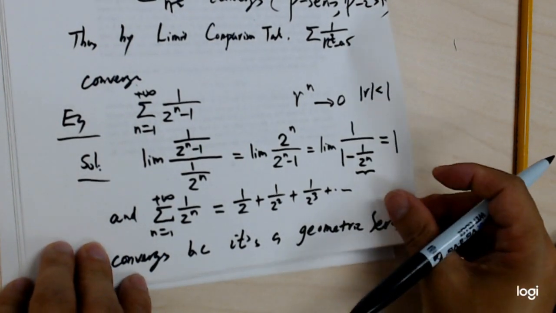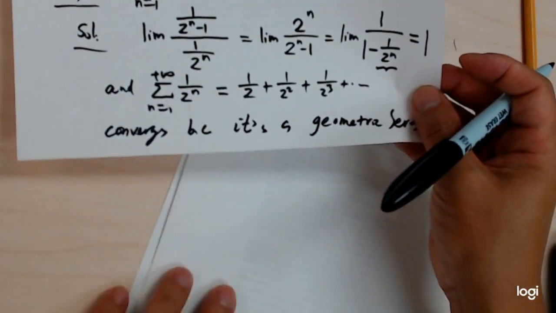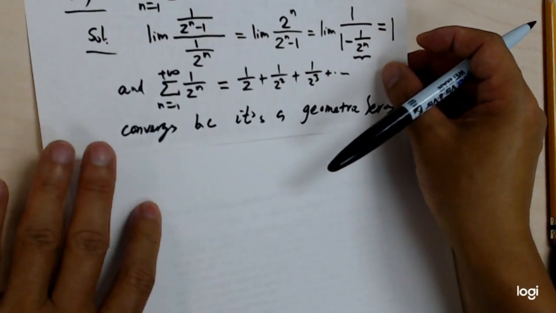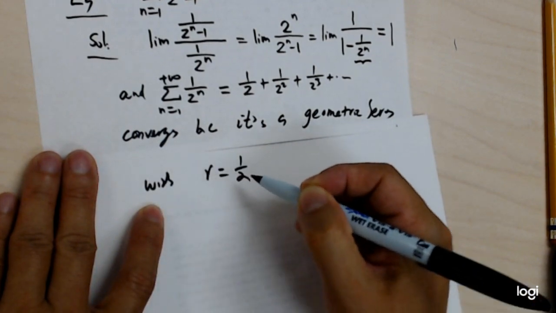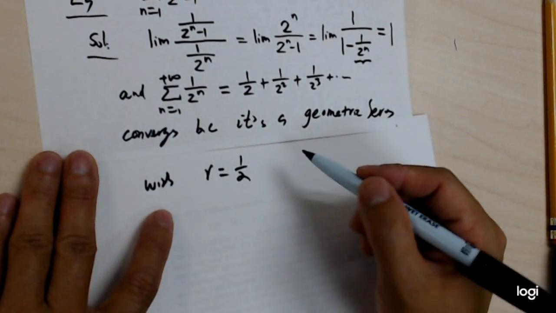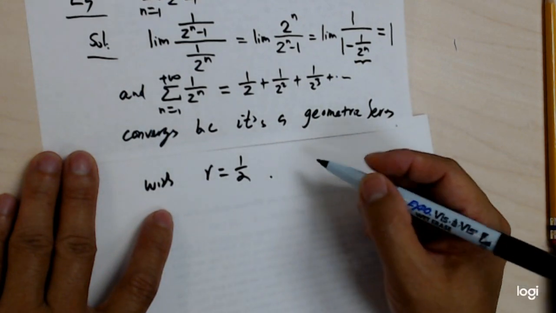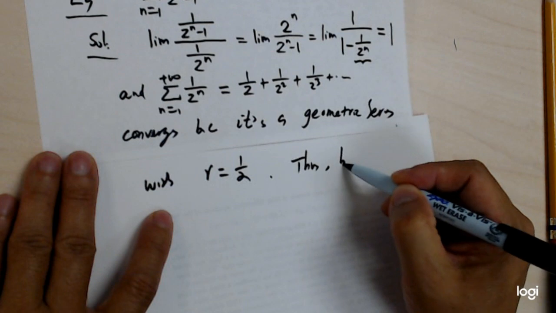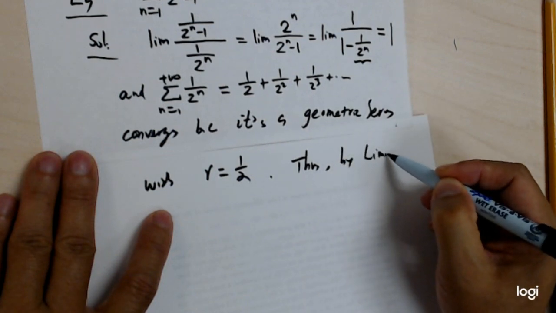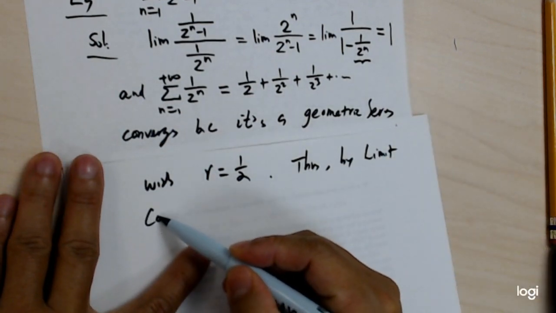Geometric series is not enough to say this guy converges. It converges because it's a geometric series with a special r, with r being 1/2, and it's between negative 1 and 1. That's why it converges. And thus, by the limit comparison test, the original converges.